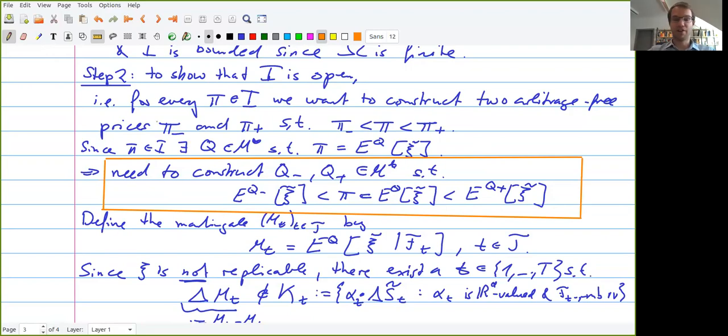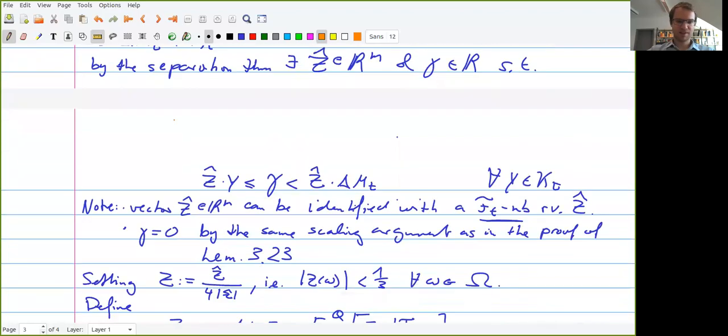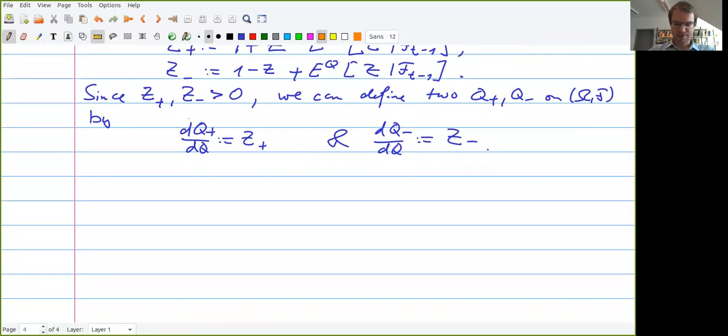This is what we need to verify. So I constructed two measures, but we need to make sure they do the job.